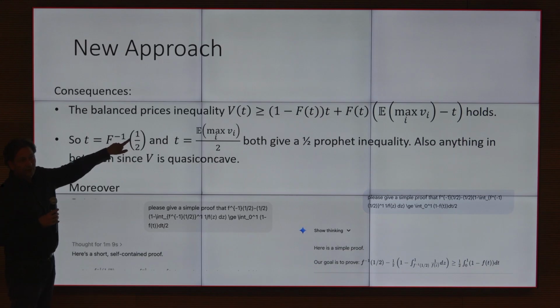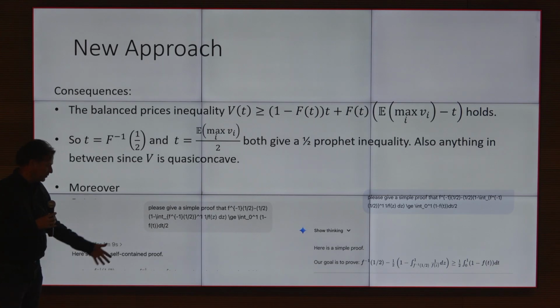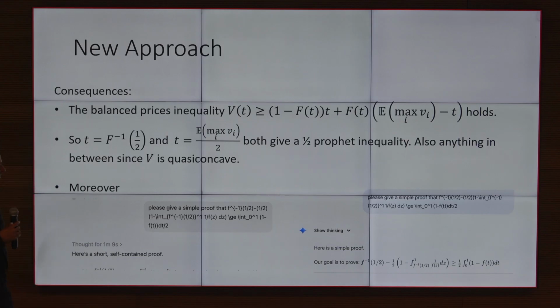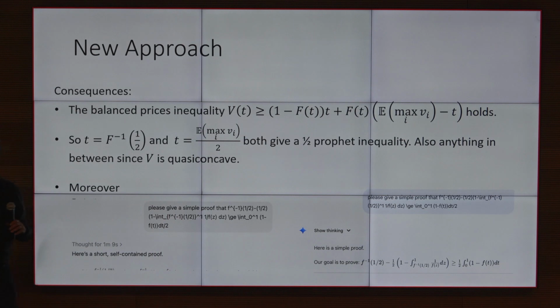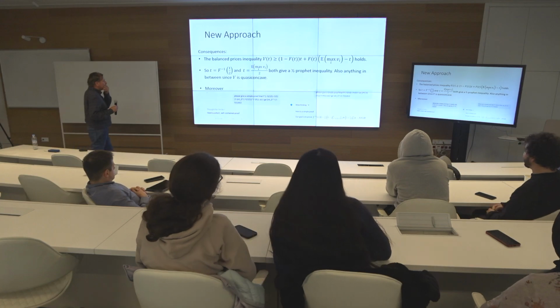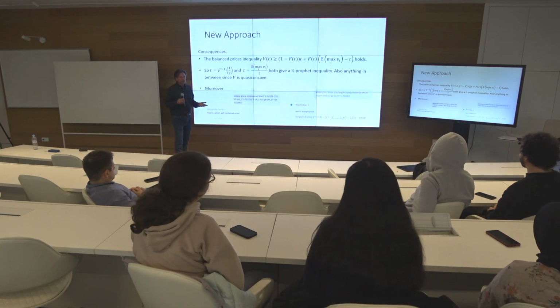This is the median of the distribution of the maximum. It gives me the 1/2 of the expectation bound I want. And it says, yes, here is a short proof. And it's very easy, like the proofs that they give. So for both thresholds that we already showed, it gives the right inequality. And of course, anything in between also gives the right inequality, right?